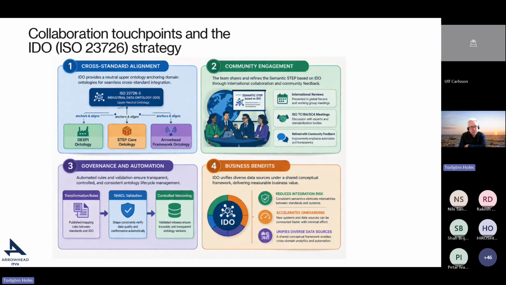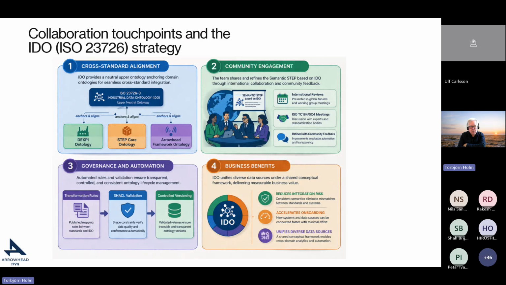Another thing that made this possible was that we had a good relation with the ISO committee, both on a personal level and also on an organizational level.